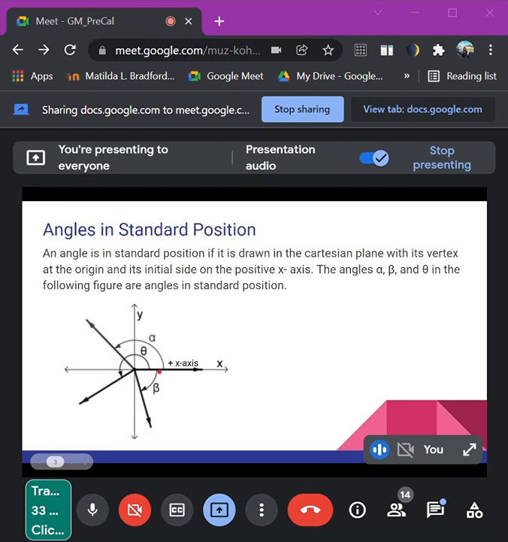We have here our beta. Is its initial side on the positive x-axis? Yes or no? Look at where the angle started. Angle beta, this one.